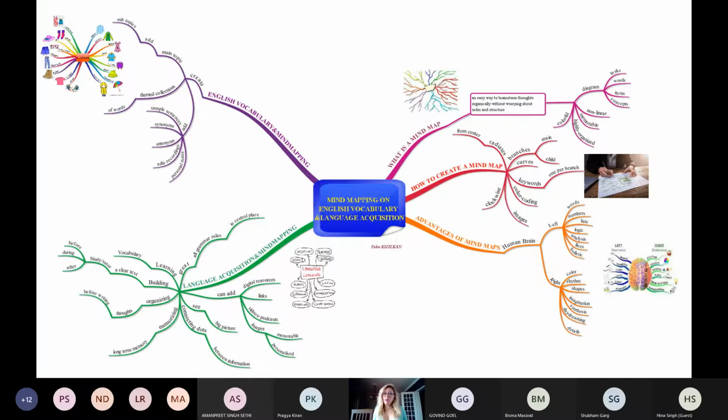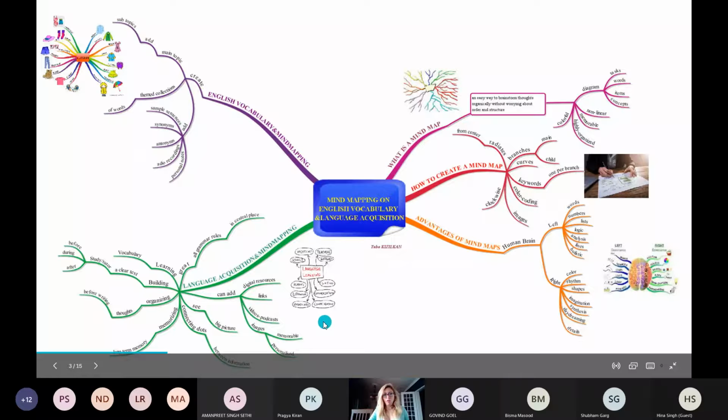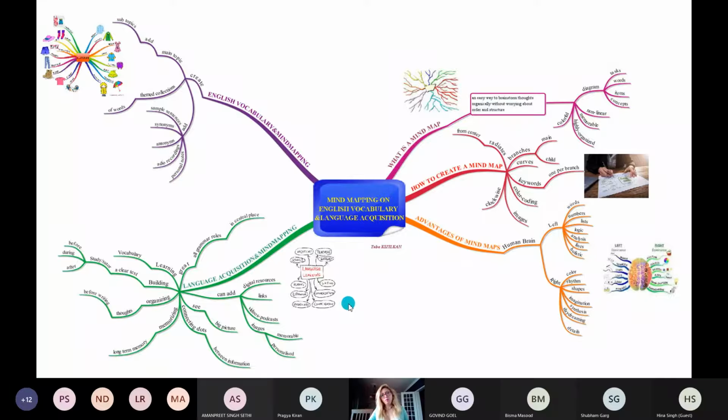So left and right brain are involved in a mind map. Both hemispheres are involved. So we can call it holistic learning. That's one of the advantages, and one of the most important advantages of working with mind maps in language acquisition and learning new vocabulary within a language.